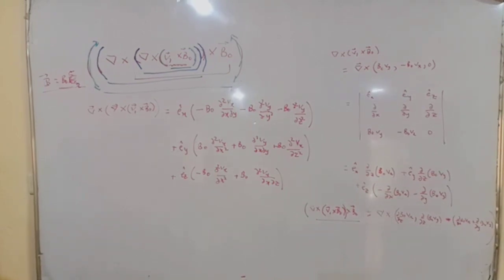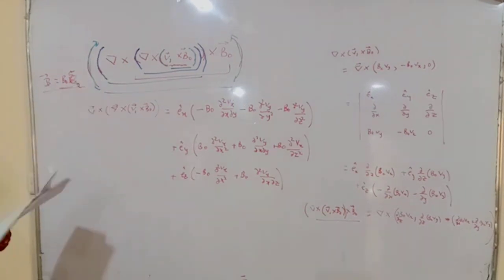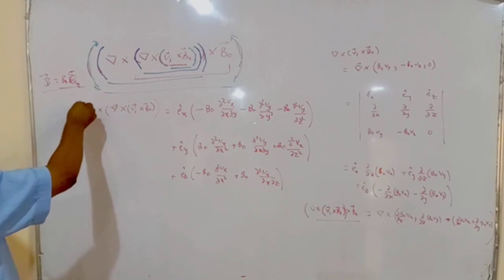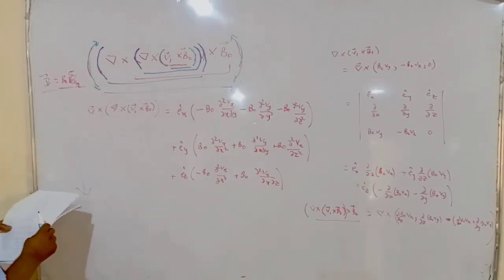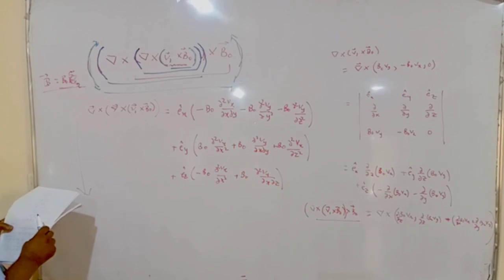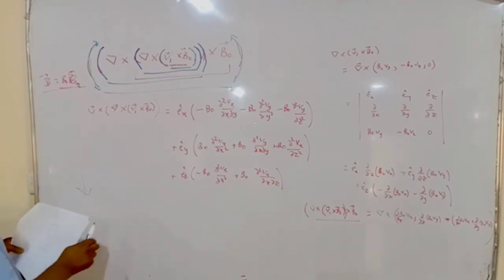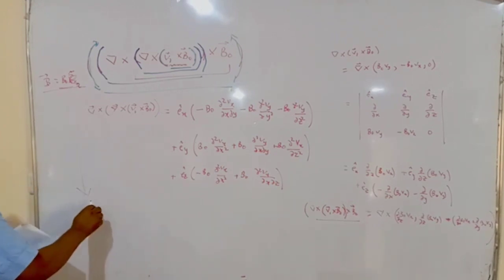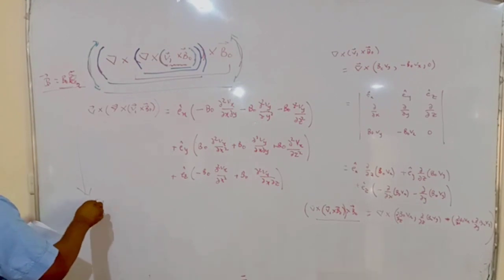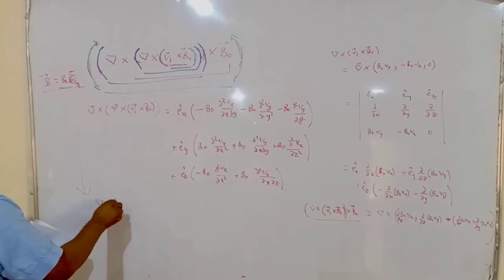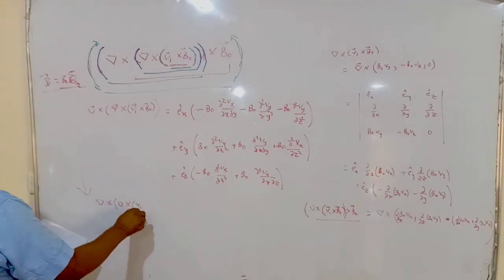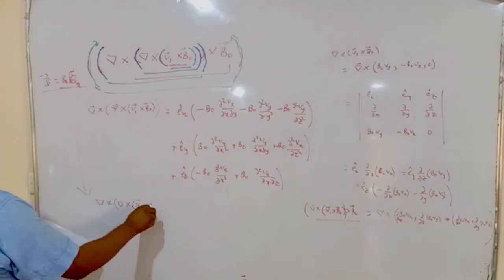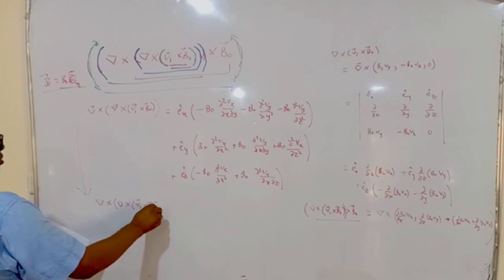Okay. Now the last one is for us to do the bigger bracket. What is left there now is for us to take B0. So we're going to use this, curl of V cross B0.